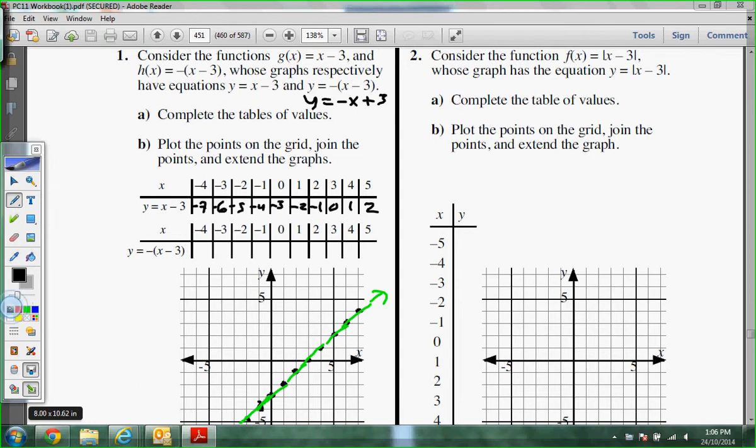So if I plug stuff into the negative 1, what's negative 4 minus 3 is negative 7. Opposite of negative 7 is 7. Negative 3 minus 3 is negative 6. Opposite of negative 6 is 6. So we kind of have the same pattern here.